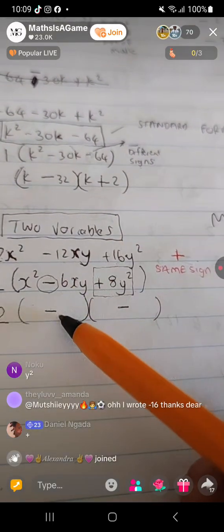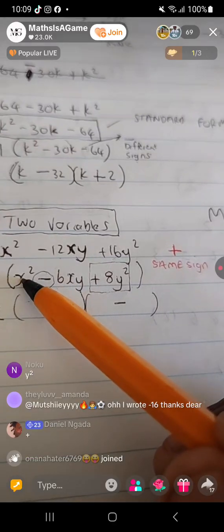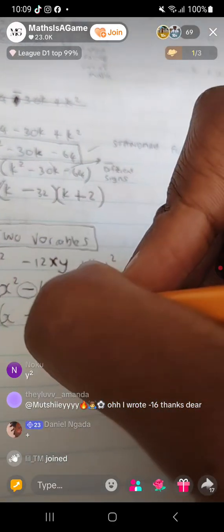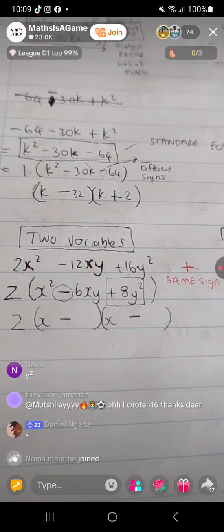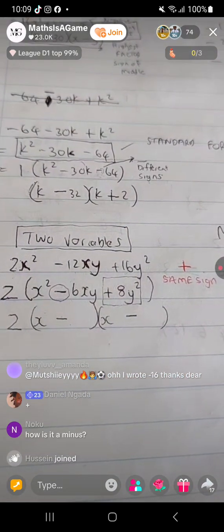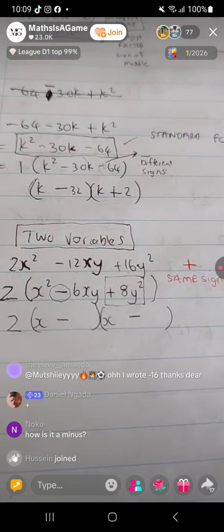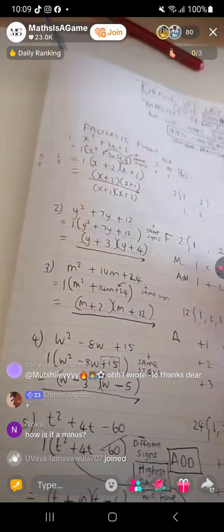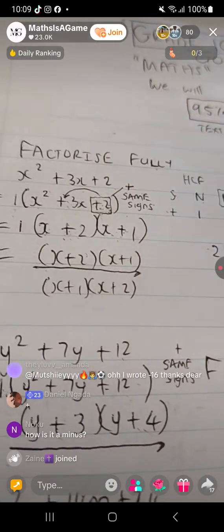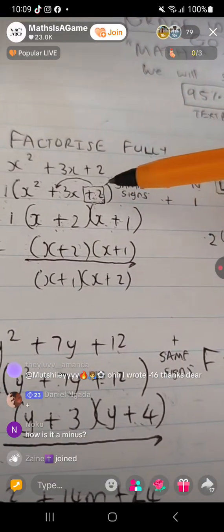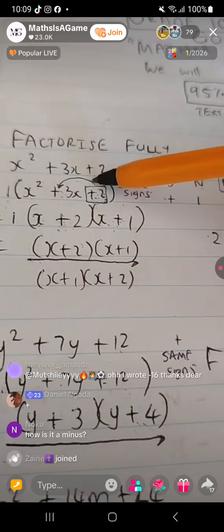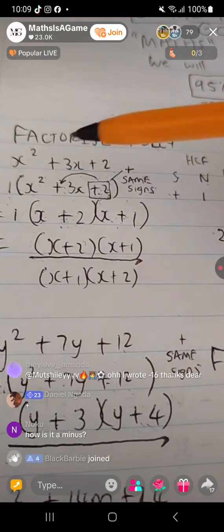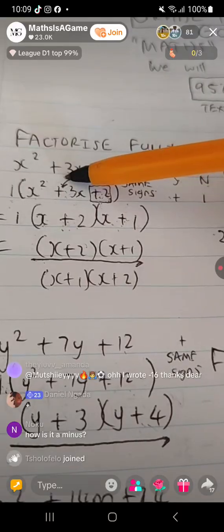Then we move on from the sign. Let's go to the letter. X squared is formed by x and x. If you're asking me how it is a minus, what have we been saying all along? When the constant is positive, that means same signs. According to who? According to the sign of the middle term.